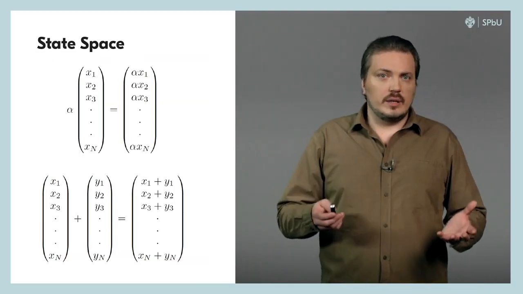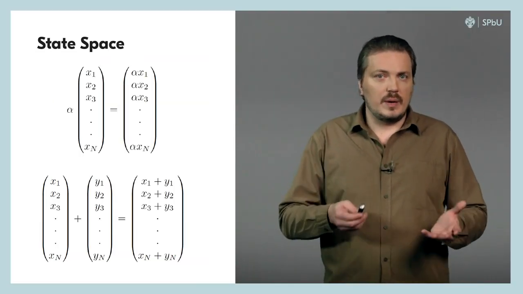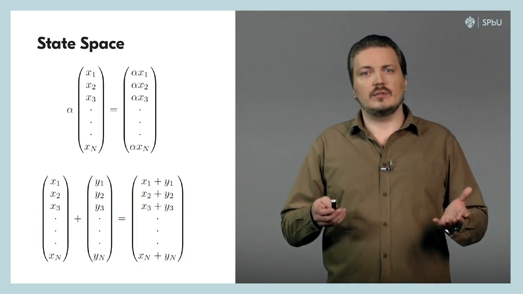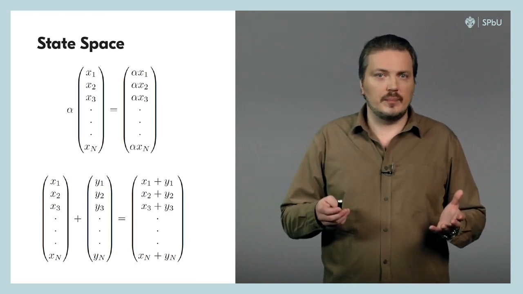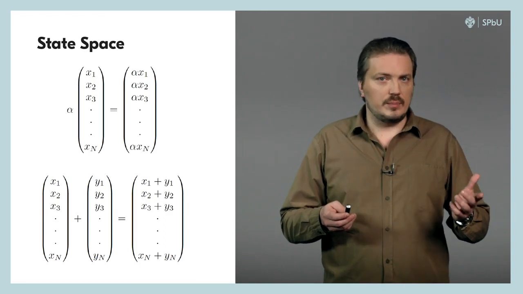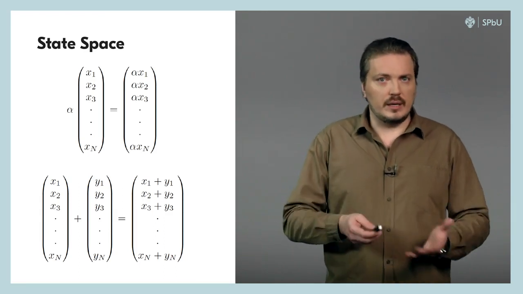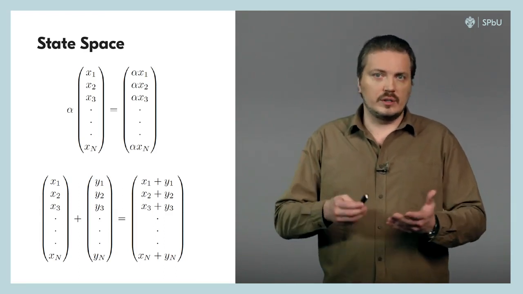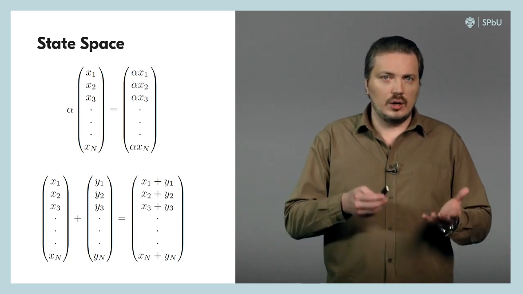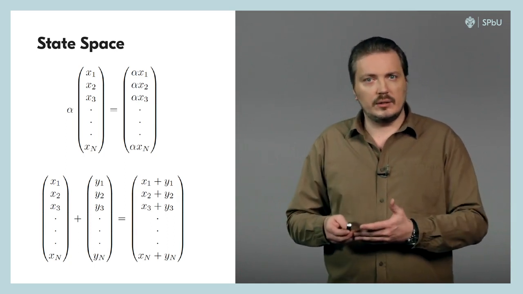Since I told you that this set of columns is a vector space, we remember that we have to define two operations with them. First, multiplication of a vector by a scalar, which we will define as multiplication of all column elements by the scalar.